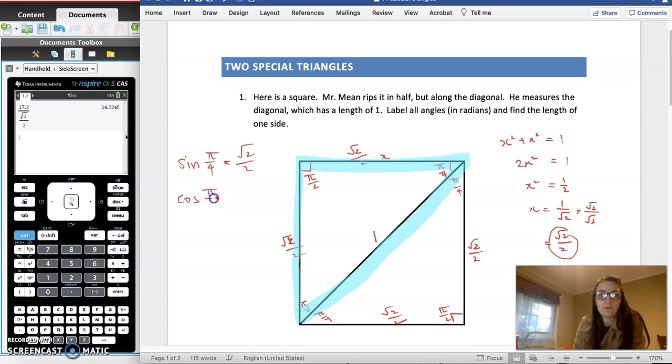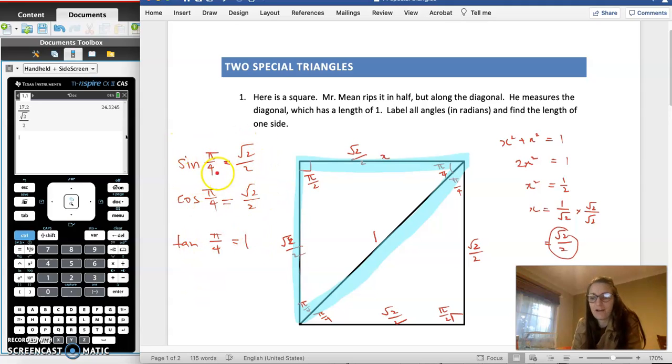Cos pi on 4 is adjacent over hypotenuse, so that's also root 2 on 2. And tan pi on 4 is opposite over adjacent, root 2 on 2 divided by root 2 on 2, which is 1. So this is why these special triangles are important, because they can help us find exact answers for sine, cos, and tan.